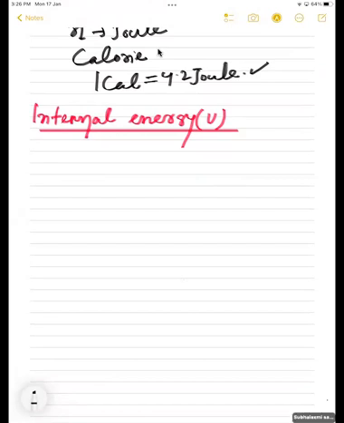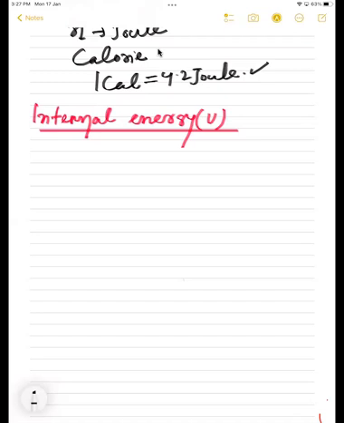When a bullet moves, friction is created in the surrounding air also, and some kinetic energy gets converted into heat energy. When gas is at room temperature and you increase the temperature, then the bonds between the molecules will break and the separation will increase. The kinetic energy between them will also increase.